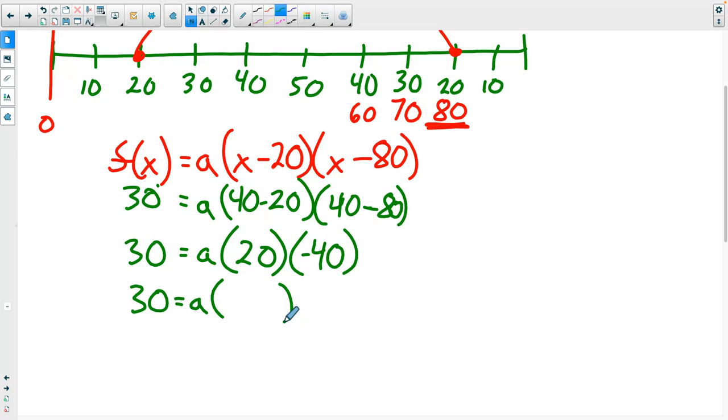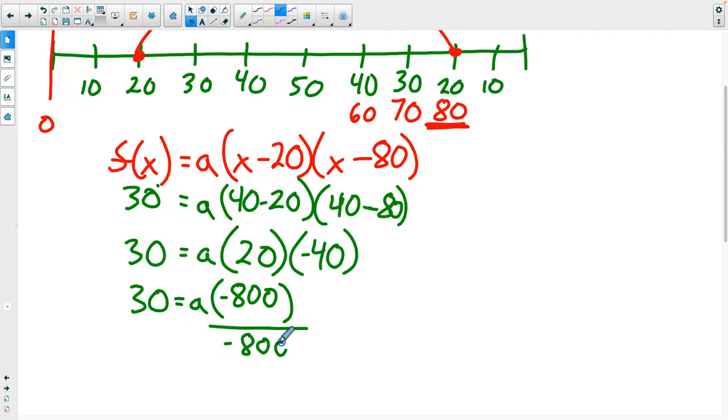Do I get negative 80? Or do I get negative 800? Yeah. So a couple of us were just doing our calculations quick and had 80 down, but we do end up with negative 800.